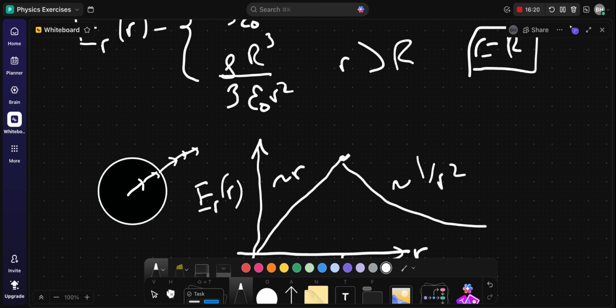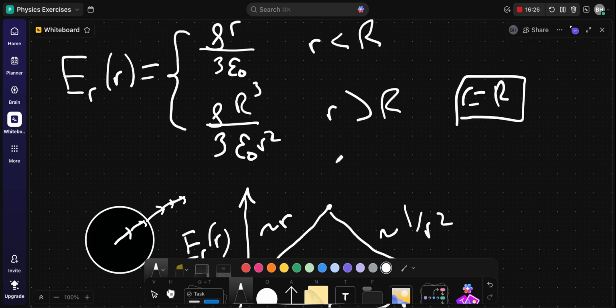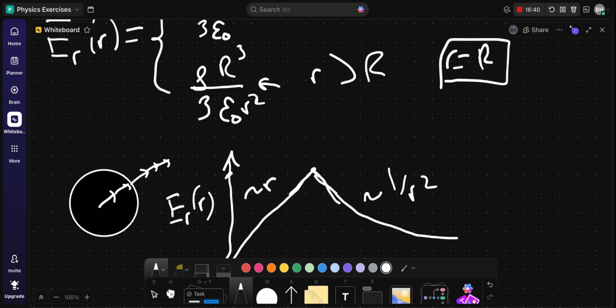But the important thing is that if you wanted to approach this point from below, you would have to use this function, and you could approach that point from above, for which you would have to use this function. And we see that both of those tend to the same number.